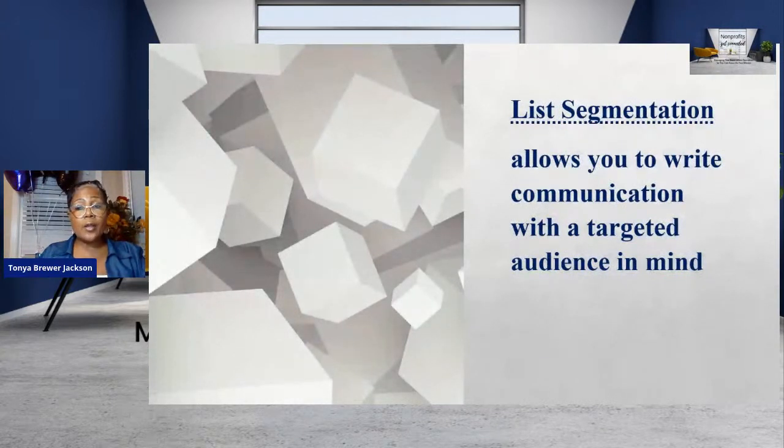If you have a $10,000 donor, a person that's capable of giving another $10,000, and you send them a solicitation asking them for $5 or increasing their donation by $5, that's not how you want to talk to that donor. You want to talk to that donor at the level they're at.